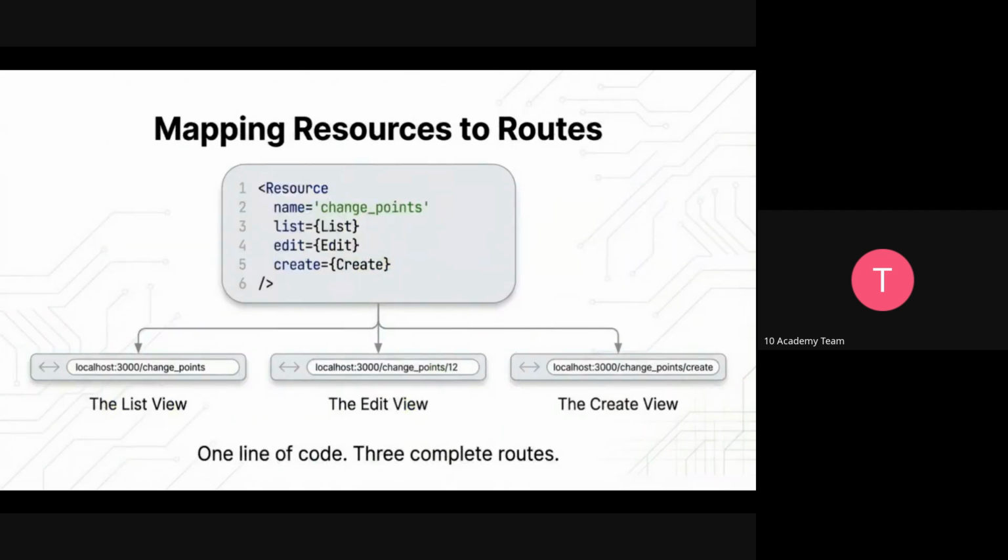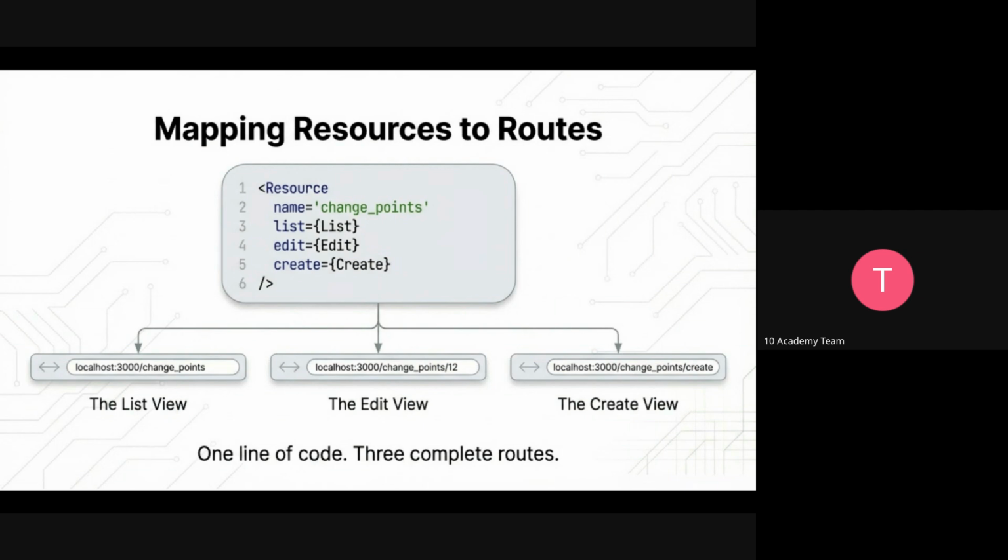Here we have, for example, a mapping of resources to routes. The resource component comes from the React admin package, and it requires the name. If you want a list, which is basically just showing what is there in your data, or an edit, or a create, all of this will then be mapped to their corresponding endpoints.